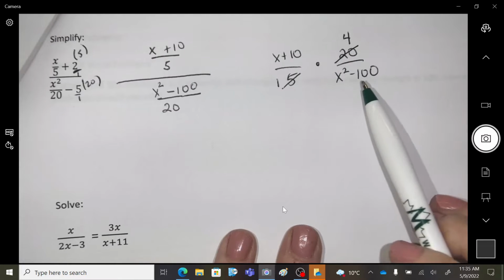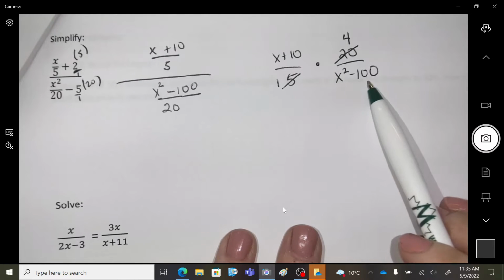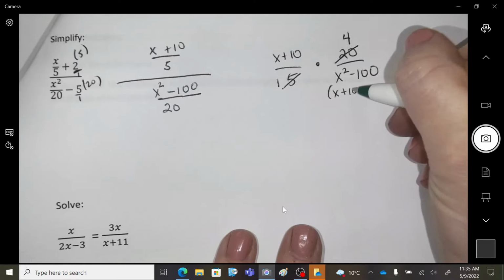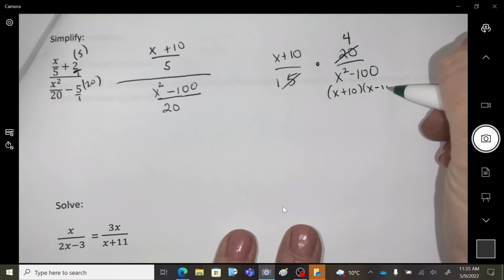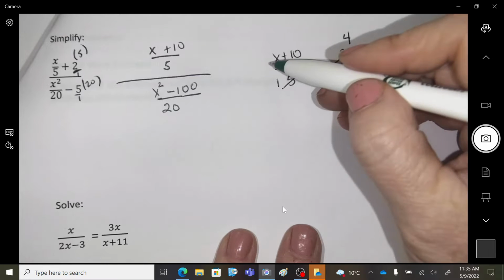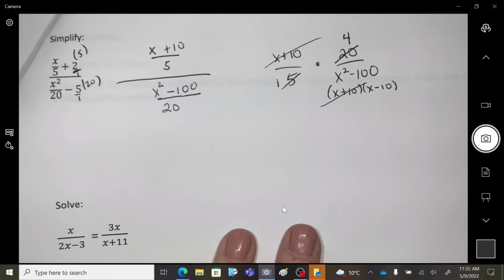Then, can I factor this? Difference of squares. So x plus 10.